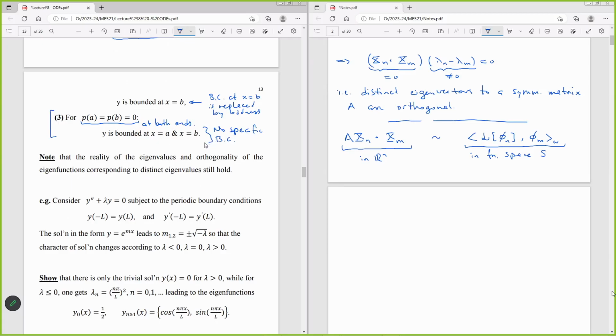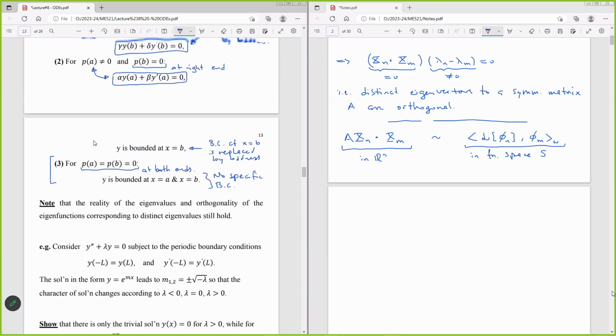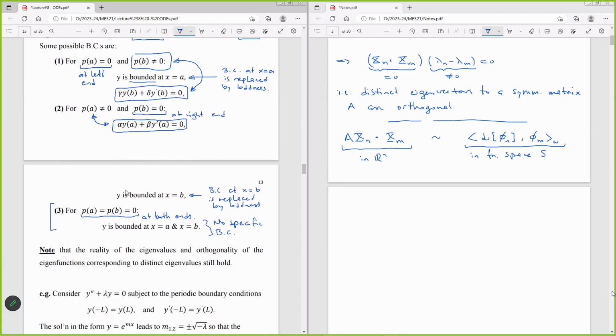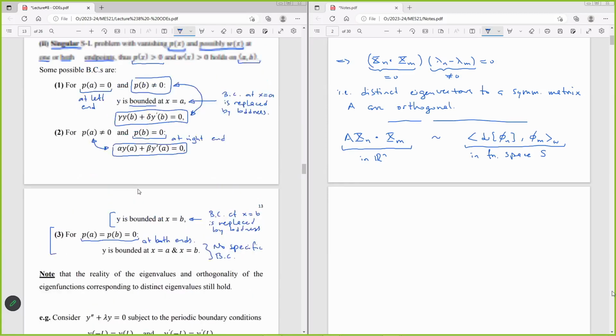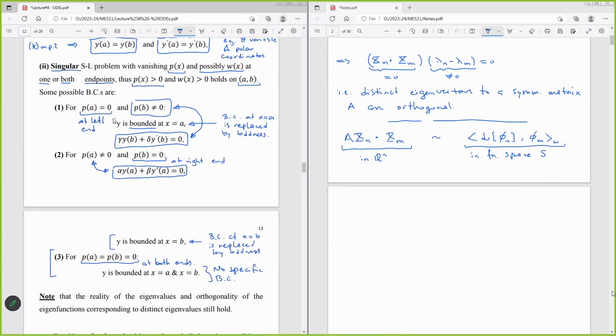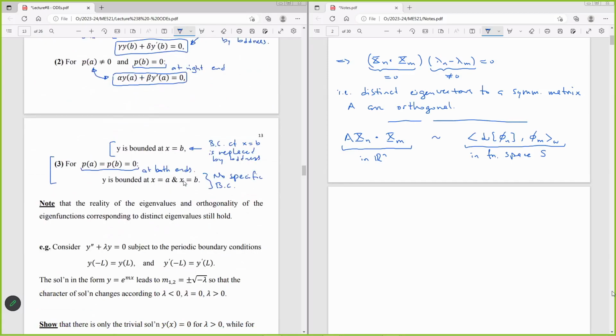So your singular Sturm-Liouville eigenfunctions come with no restrictions in the third case. In the second case, they come with freedom only at B, and in the first case, freedom at A. So in case 3, total freedom.